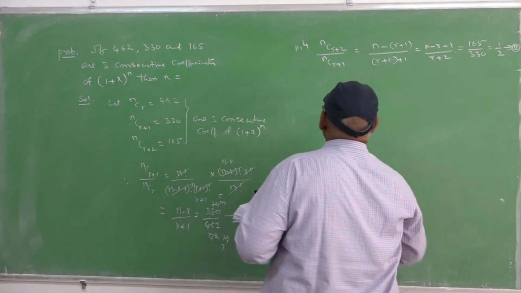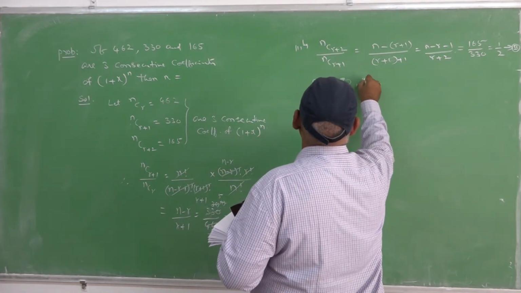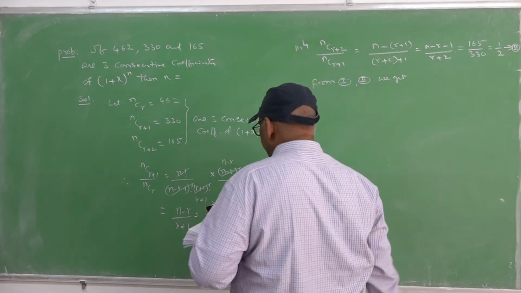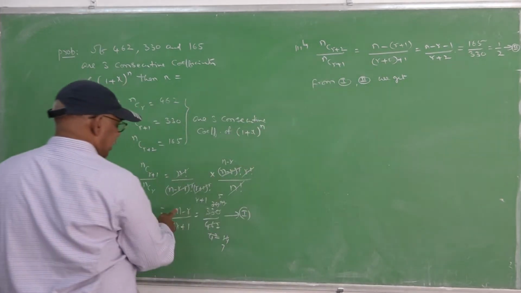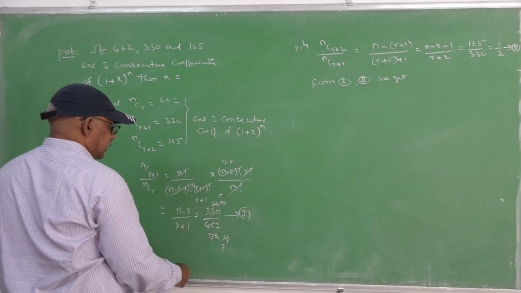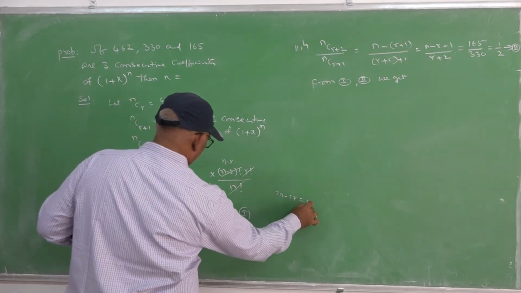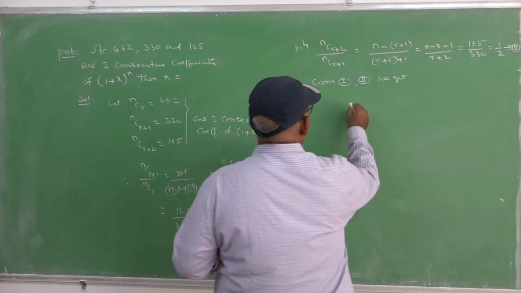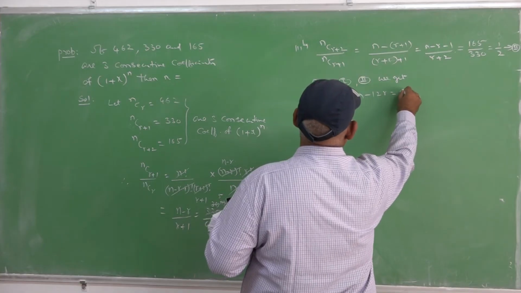Now from 1 and 2 we get, on simplification, (n minus r) by (r plus 1) is 5 by 7, means 7n minus 7r takes the value 5r plus 5, which is nothing but 7n minus 12r equal to 5.